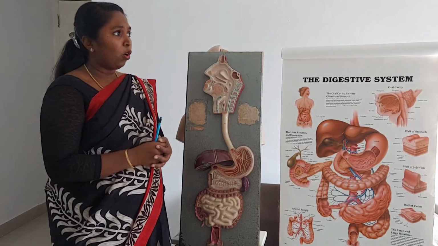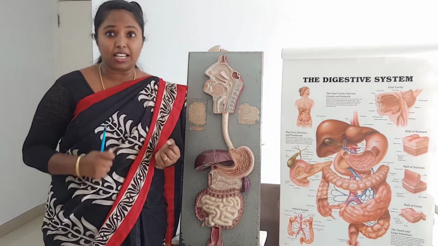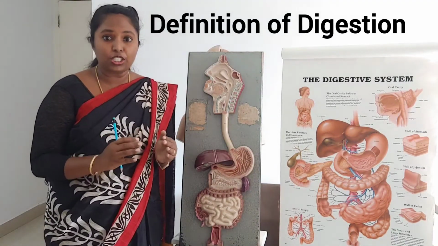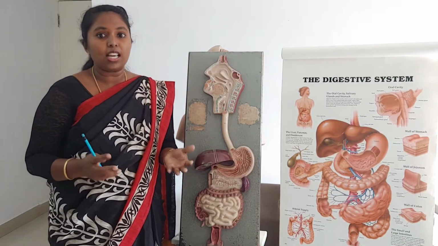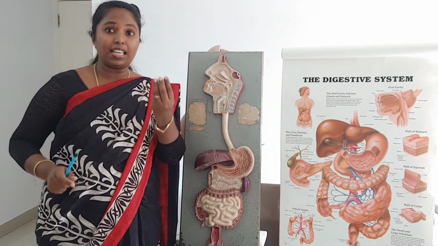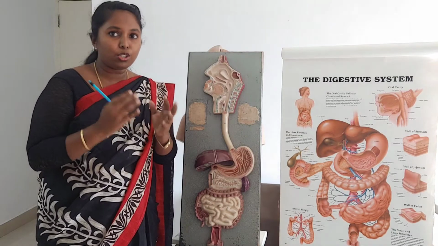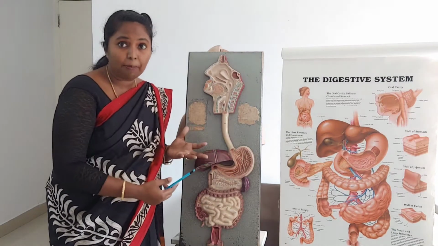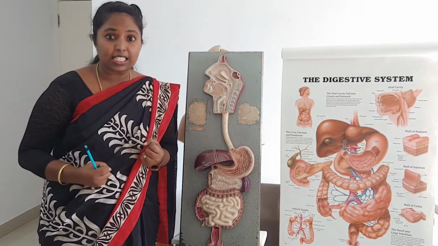Before going into the digestive system, let me teach the definition of digestion. It is the process of breakdown of large or complex molecules into simple molecules for absorption. For example, you are eating a banana. That banana goes to the mouth, is chewed and made soft, then goes to the food pipe, then to the stomach, where digestion happens again, then the small intestine and large intestine where absorption takes place.